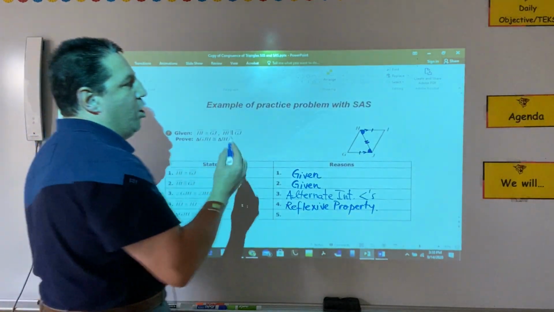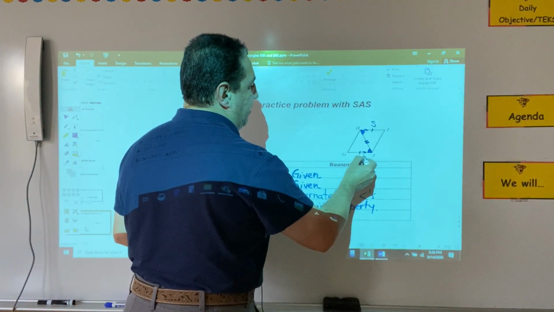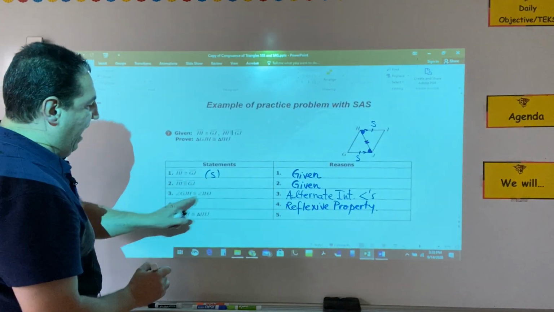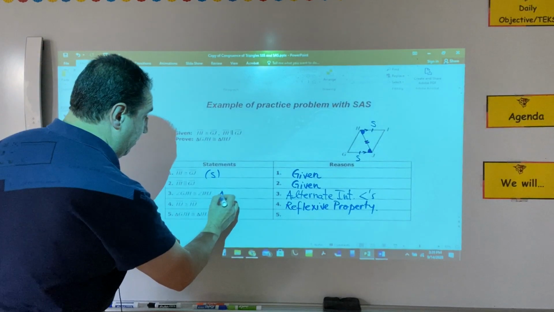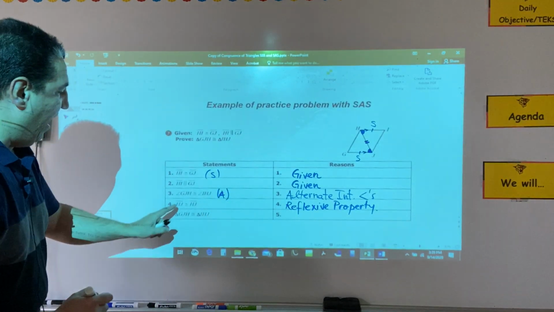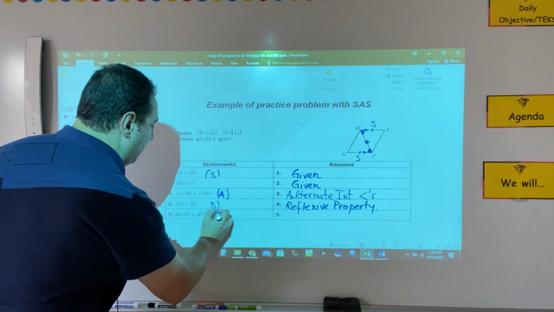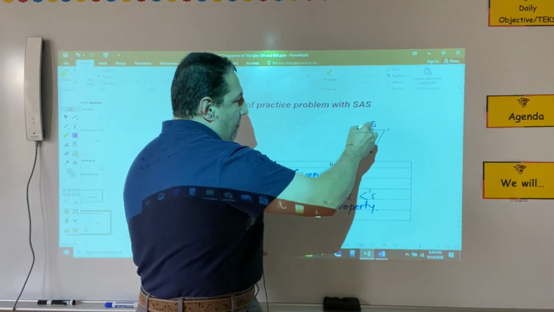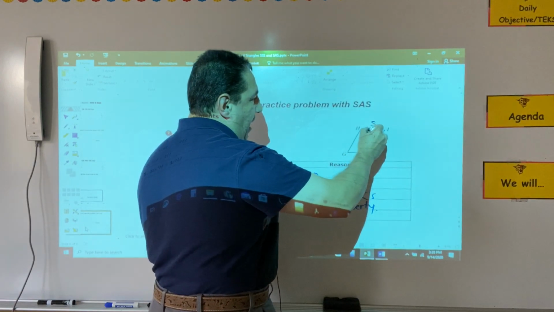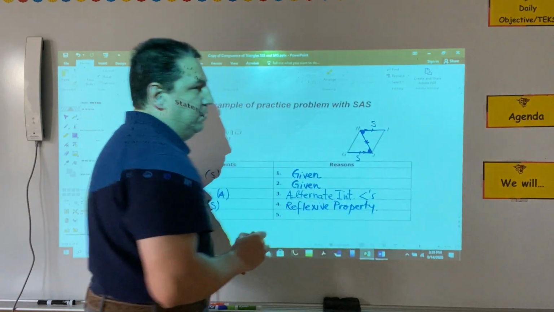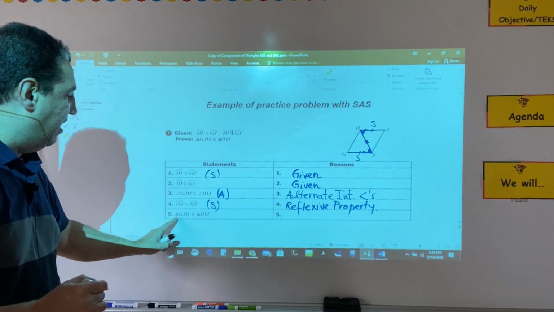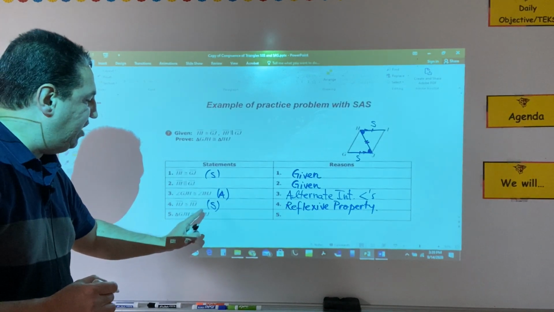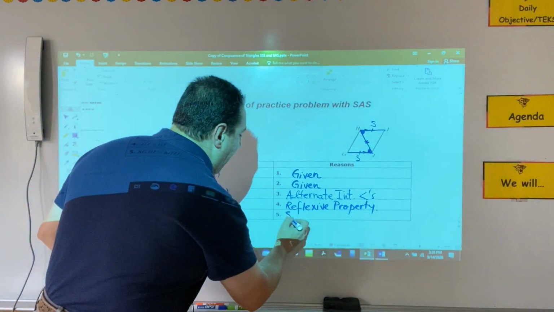So we have one S, this is the first S. We have an A, the angle, and we have the second S. As we can see, these angles are bounded by the sides. So we conclude triangle GJH is congruent to triangle HIJ by SAS.